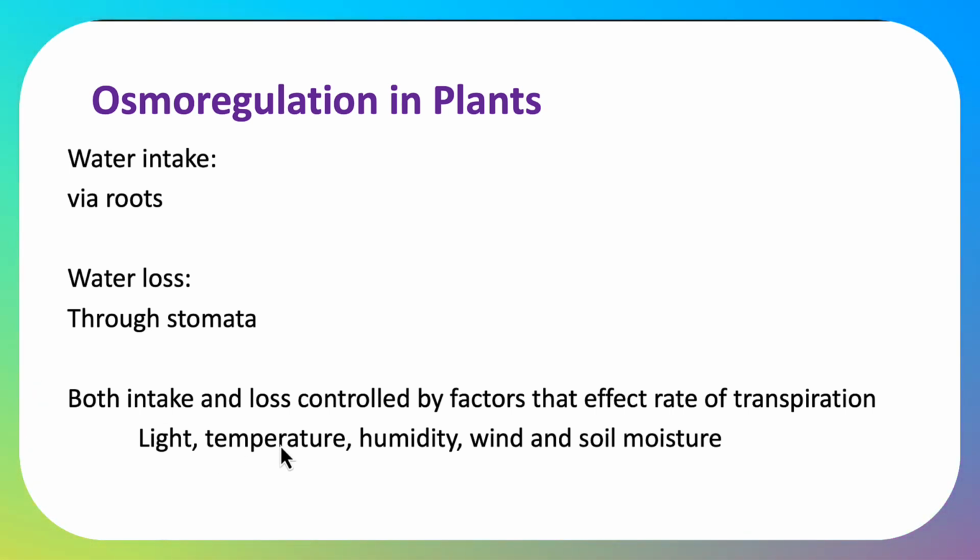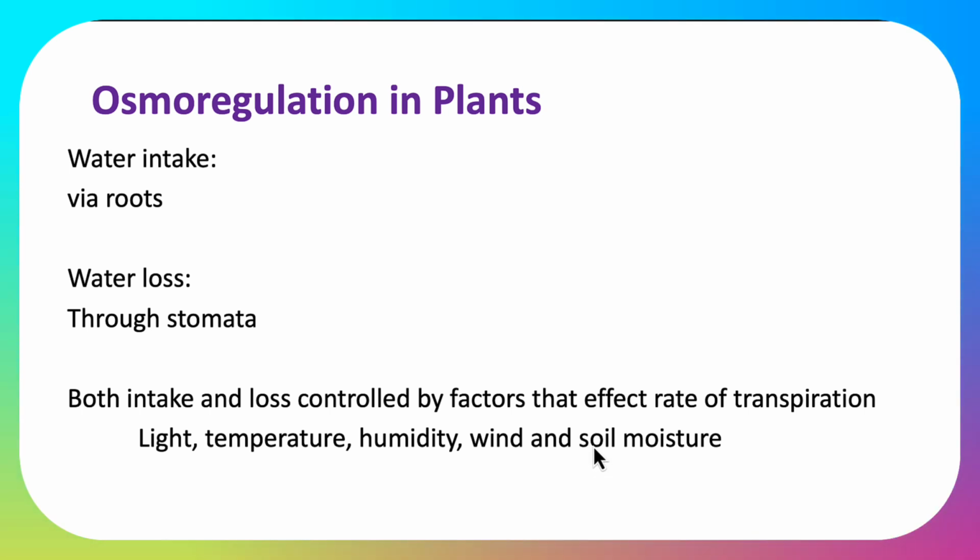High temperatures, there's greater evaporation or transpiration, because particles are moving faster, so there's more energy, more evaporation. High humidity actually reduces the amount of transpiration, because the air is already saturated with water. High wind, high evaporation, so greater transpiration.